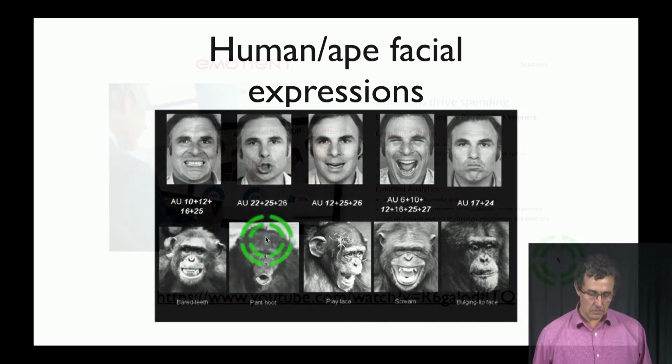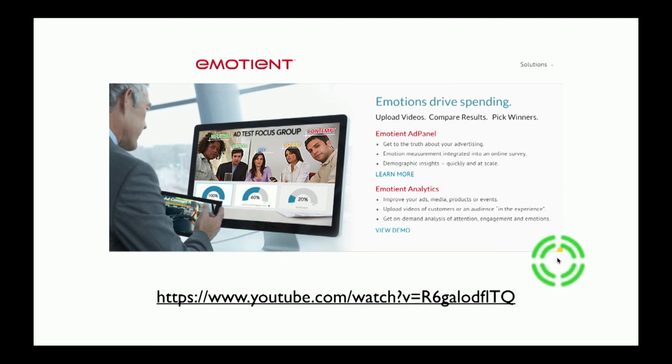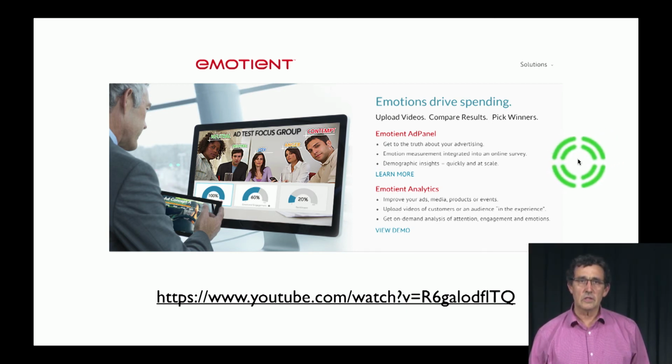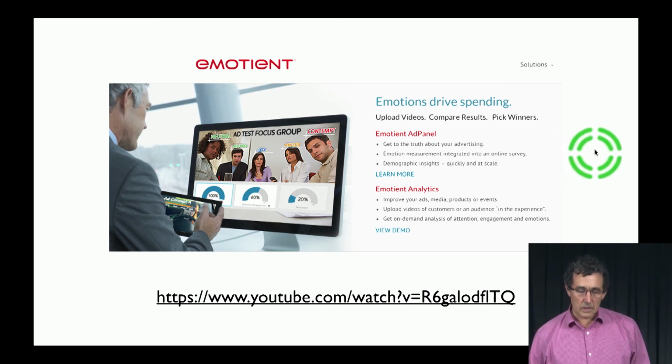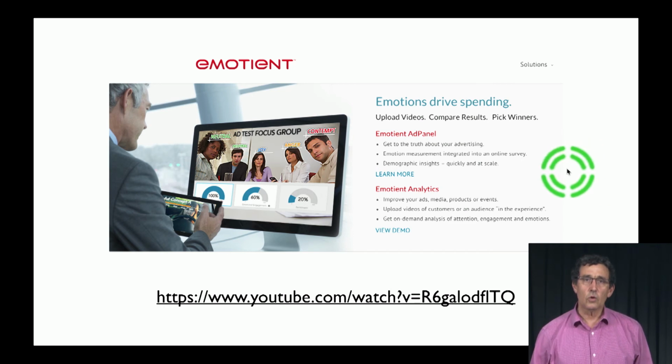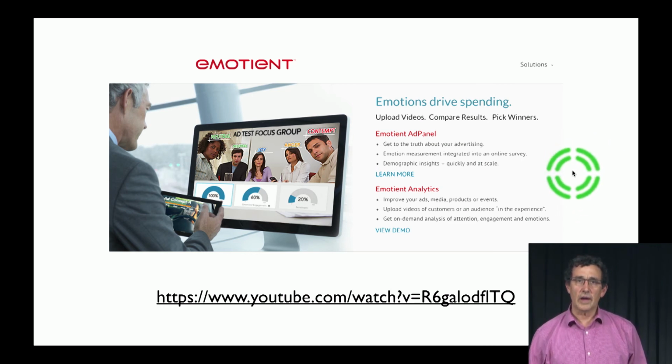I'm going to tell you now about a company called Emotient that has used these technologies or methods that I was telling you about to create a system that can recognize people's facial gestures in real time. That is a system that is very useful for advertisers when they want to, for instance, see how people react to their advertisements.